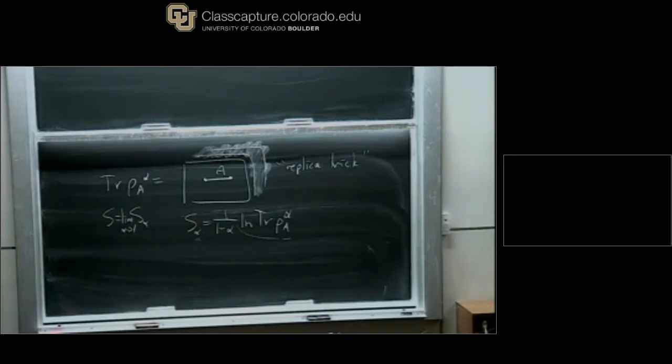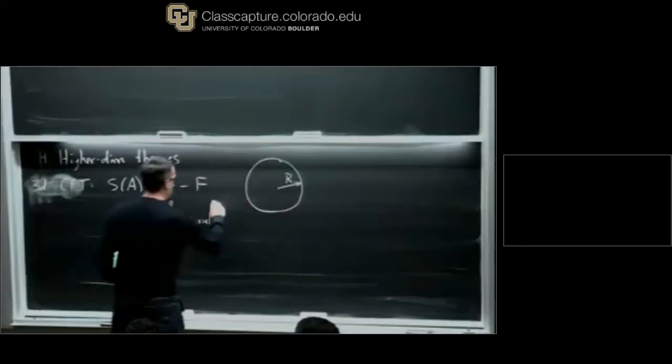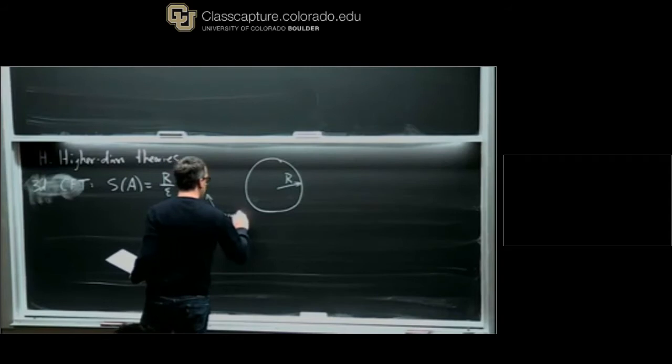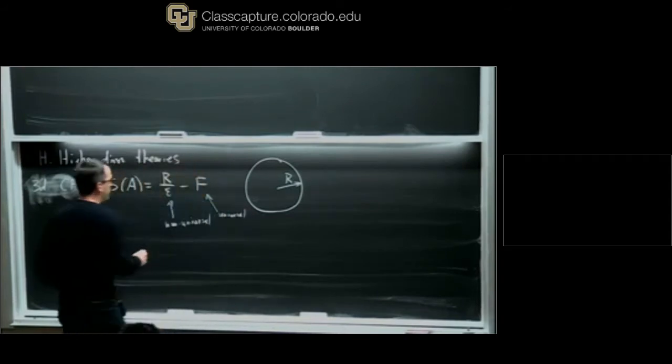So one very clean result is this calculation of the entanglement entropy for a disk in a 3D CFT. This calculation, by the way, is Casini, Huerta, and Myers from 2012, I think. And the conclusion there is twofold.